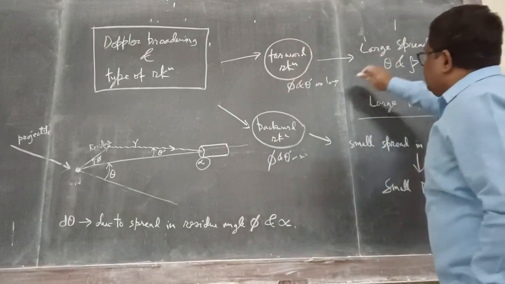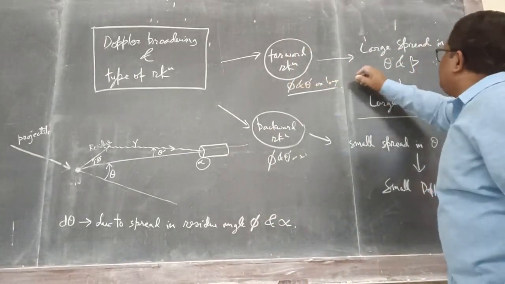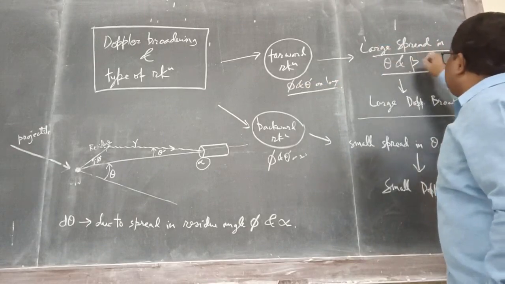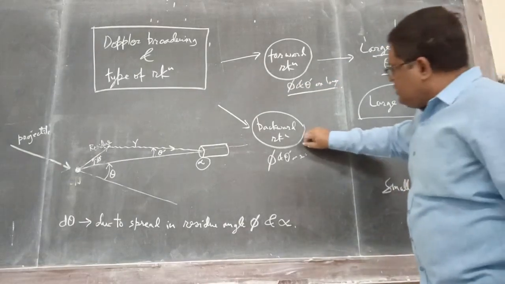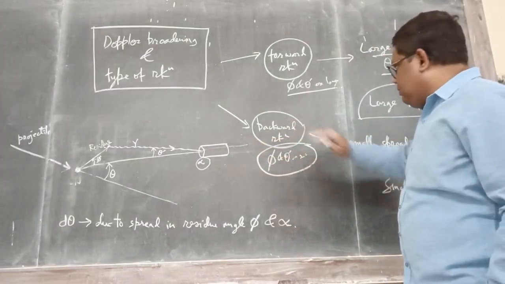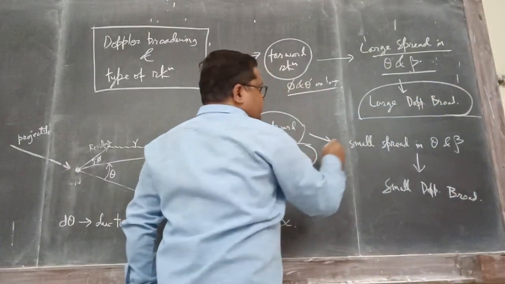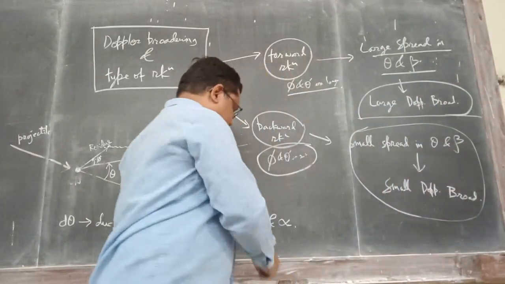As a result, because they are large in the forward reaction, there is a large spread in theta and beta, and this causes large Doppler broadening. But phi and theta prime are small in a backward reaction, so there is a small spread, and this causes small Doppler broadening.